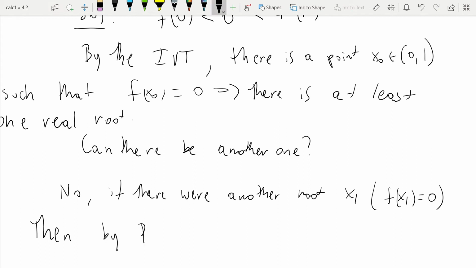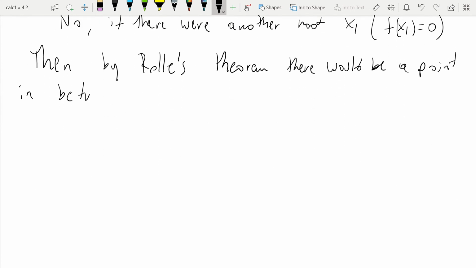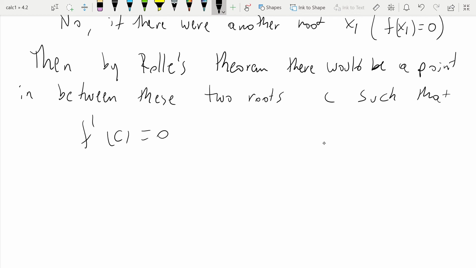Then by Rolle's theorem, there would be a point in between these two such that the derivative of f would be equal to 0.